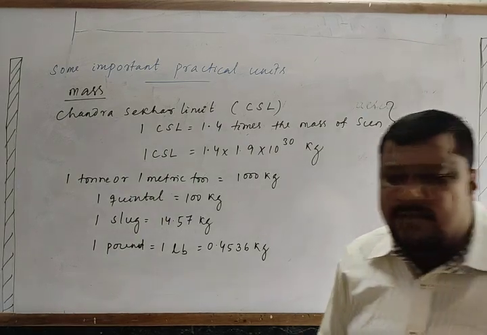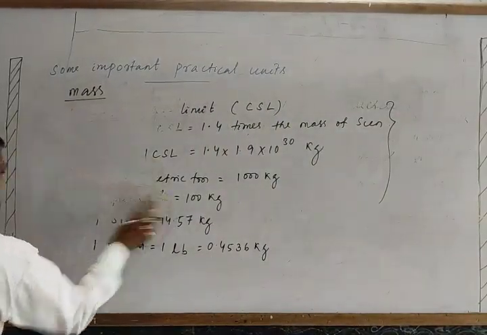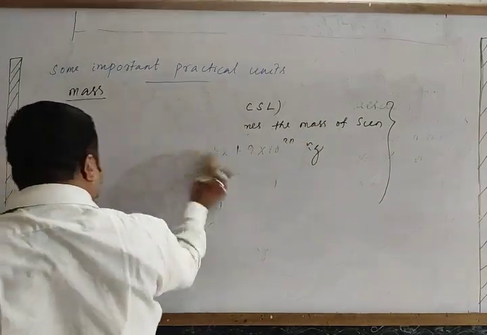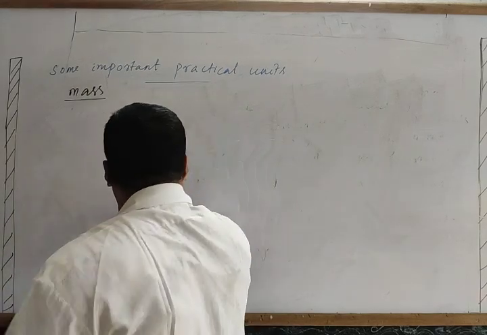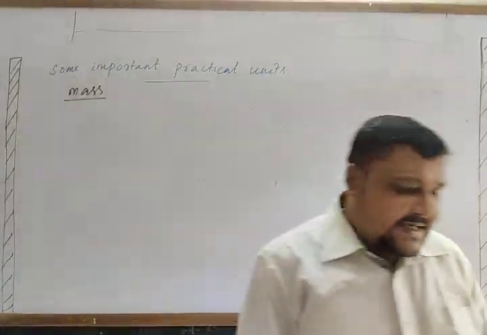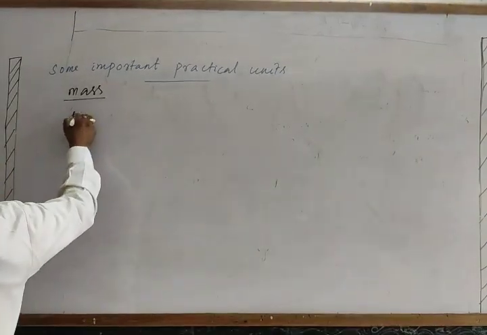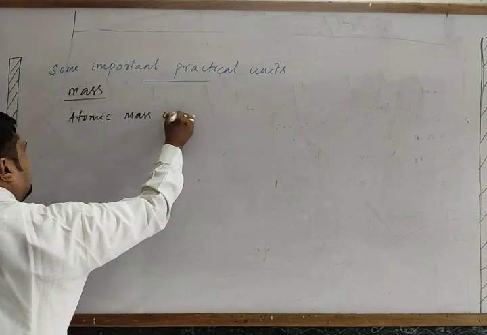For measuring the small masses, we are using other units. We use frequently in chemistry the atomic mass unit, AMU.